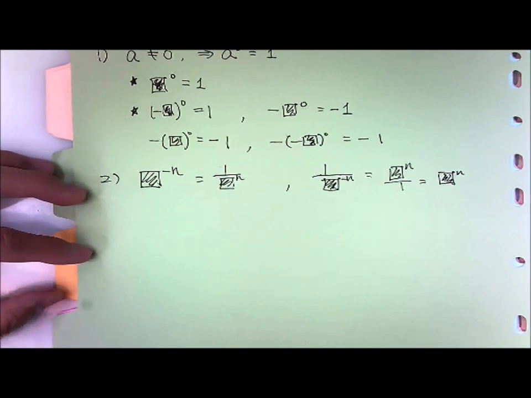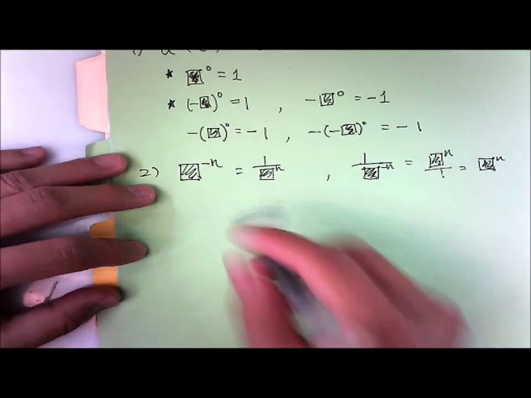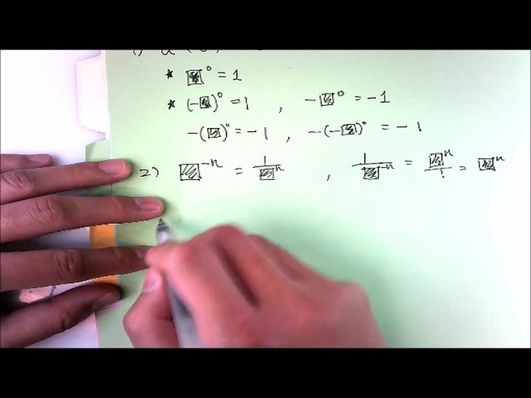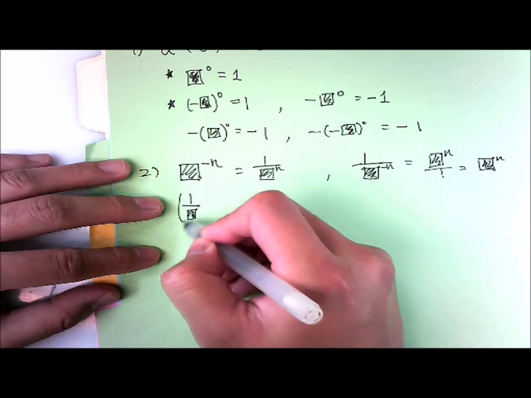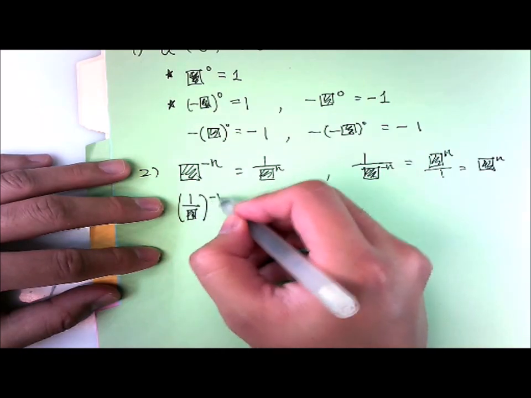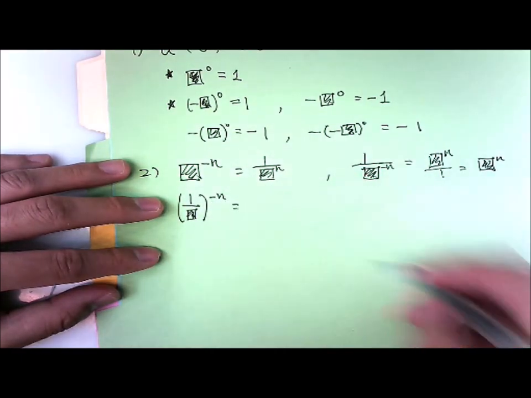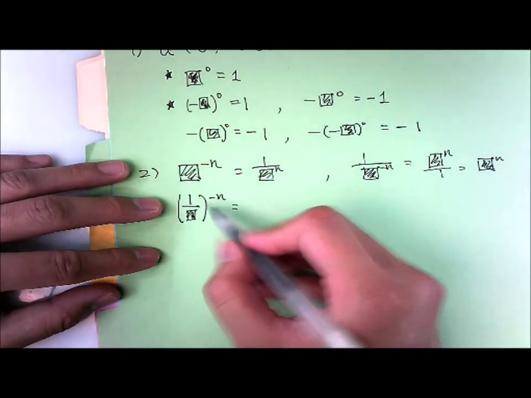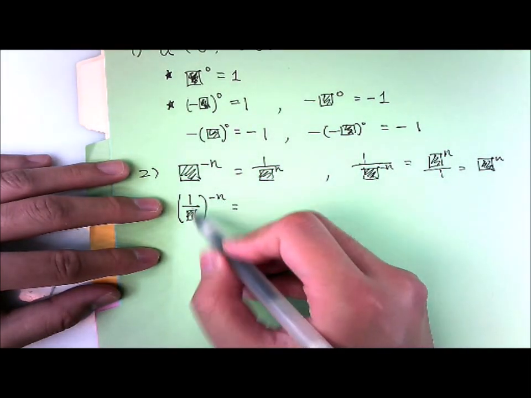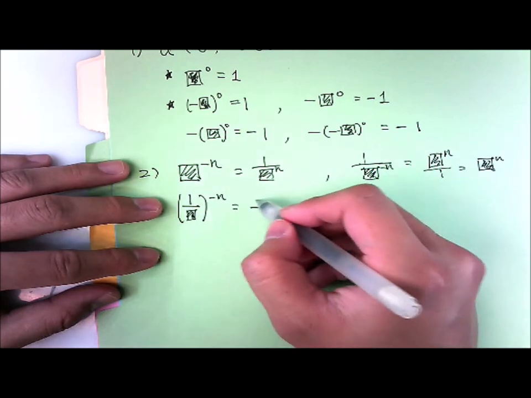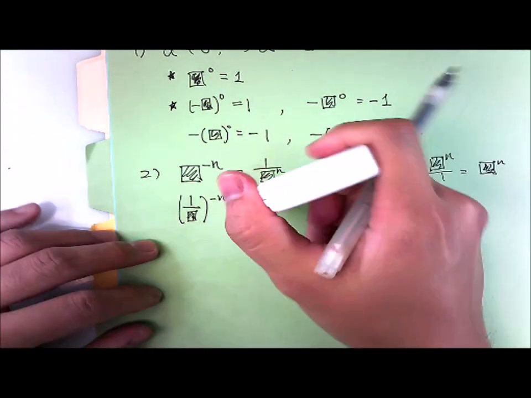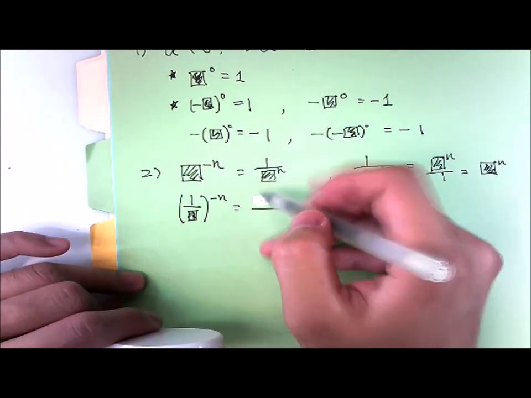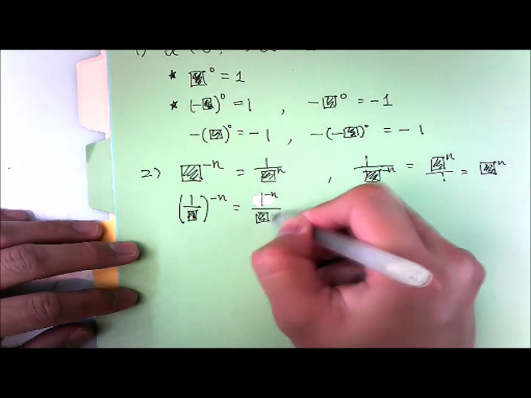Is it okay? So keep going. We learn something like this. If we have 1 over something to the negative n, what we can do is distribute this minus n to here. You have 1 to the minus n power, and then this block to the minus n power.